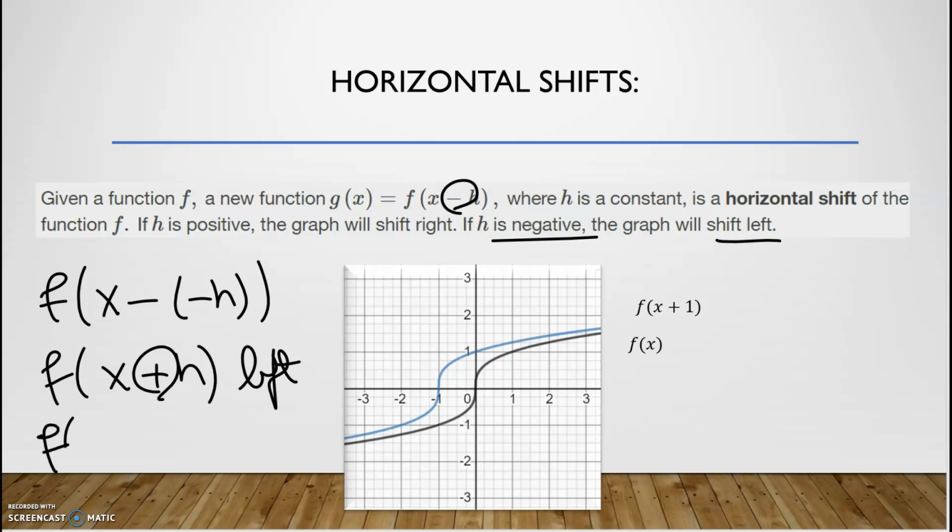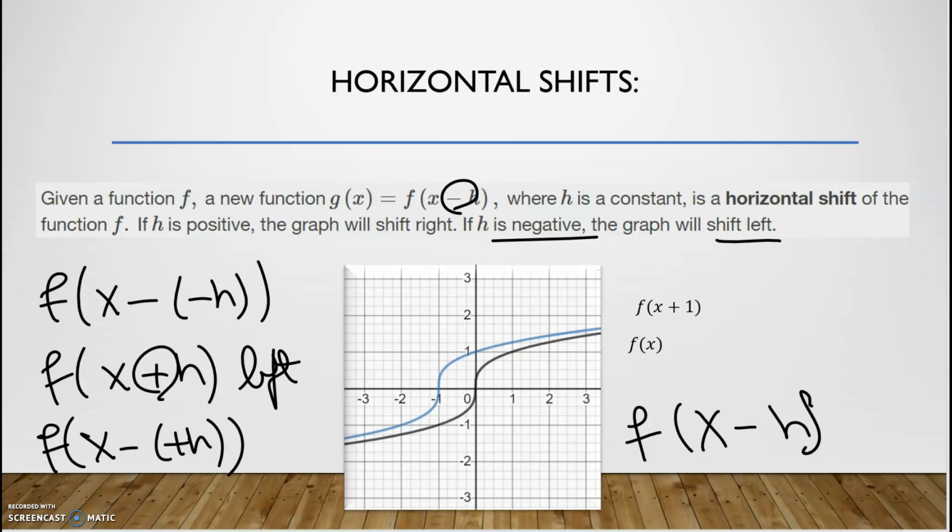Now, if h is a positive number, so x minus a positive h, then what that's going to be, I'll write over here, x minus h. Okay, so since we've got a negative number, and we have a positive number for h, we should go right.